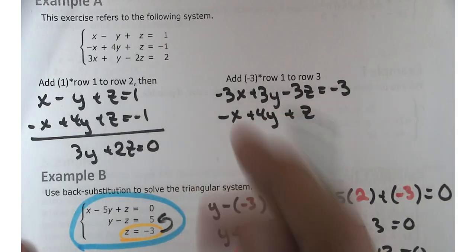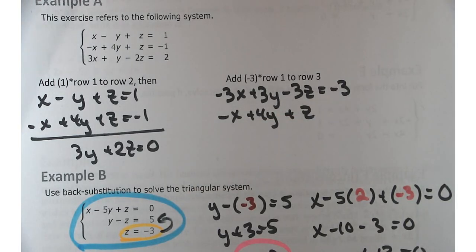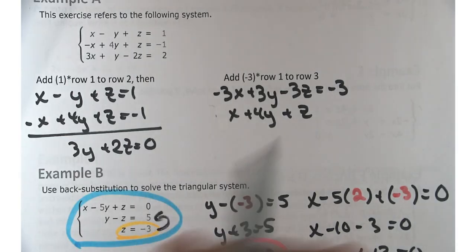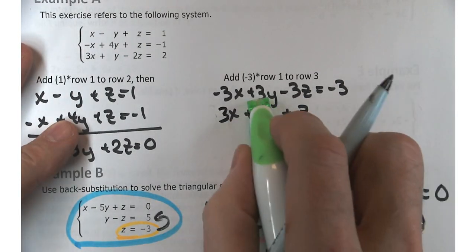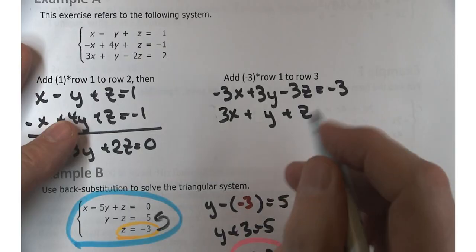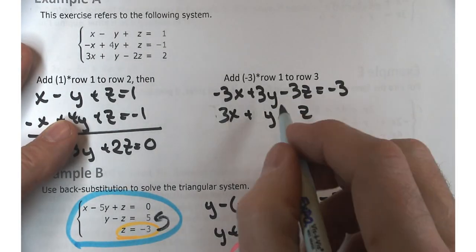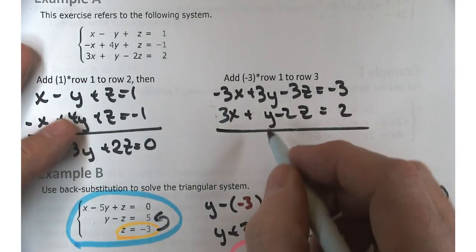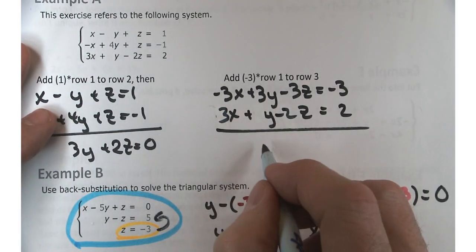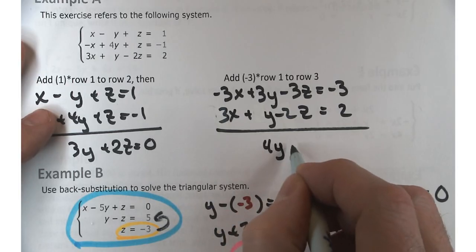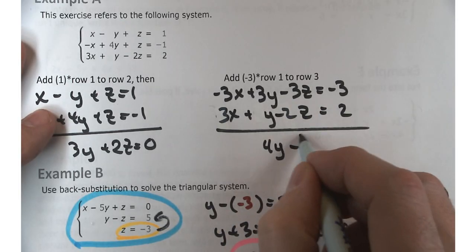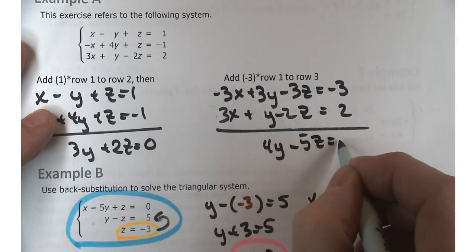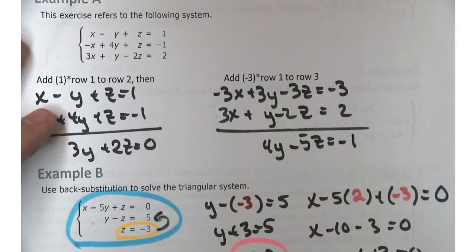It should be 3x plus y minus 2z. Oh, boy. Good thing I got some Photoshop here. Equals 2. Okay, so we're going to cancel negative 3x with 3x. Good. Then it's going to be 4y minus 5z equals negative 1.